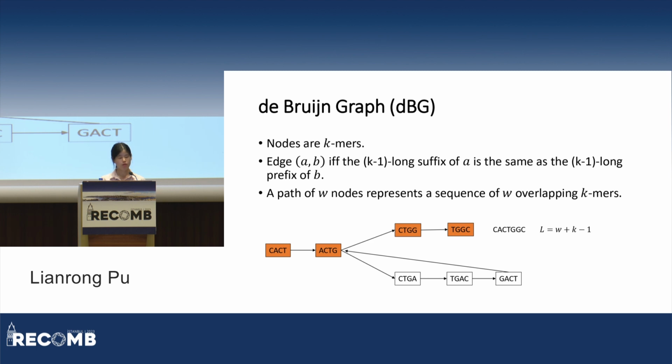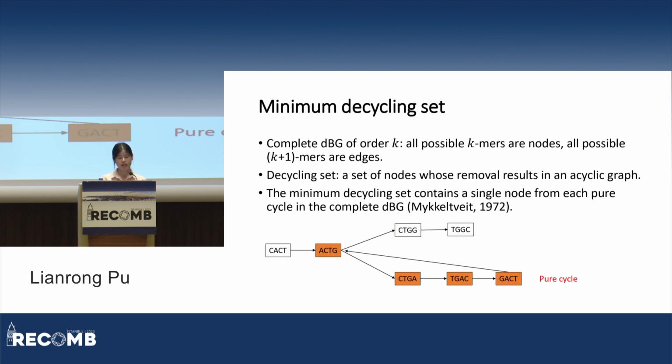A path of W nodes in the de Bruijn graph represents a sequence of W overlapping k-mers. If we merge the overlapping subsequences between the k-mers, then every path spells out a sequence with length equal to W plus k minus 1. In a complete de Bruijn graph, all possible k-mers are nodes and all possible k+1-mers are edges.